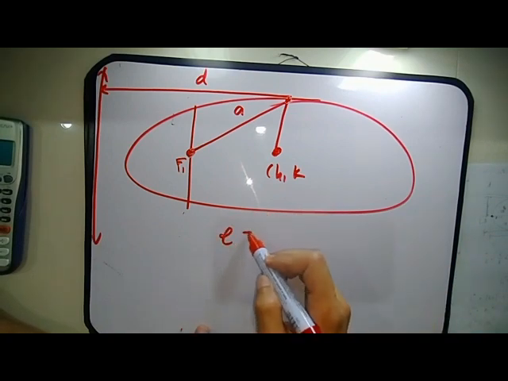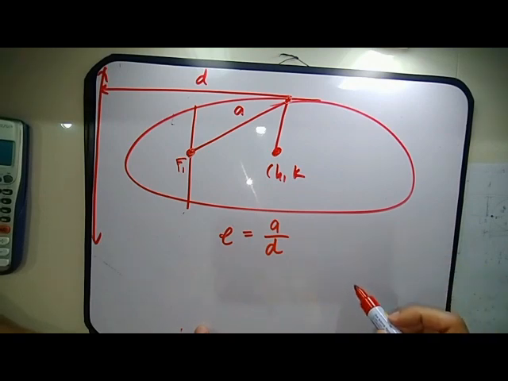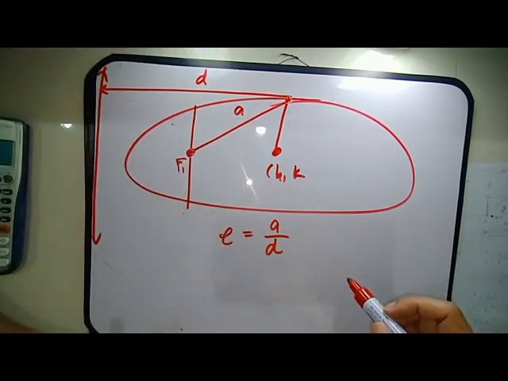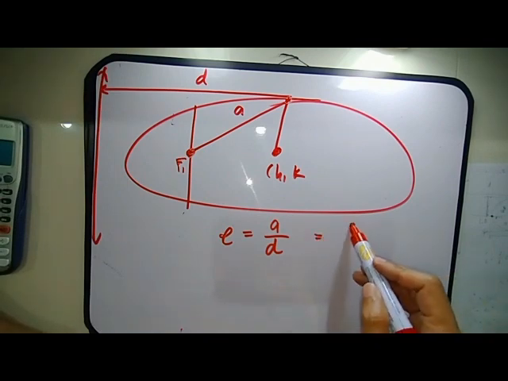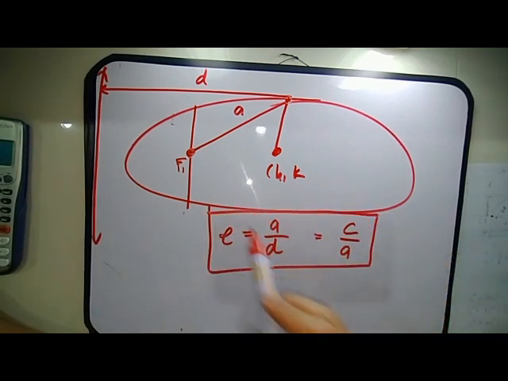And here we have A over D. So, that is our length of the semi-major axis all over D. Or, if F is equal to C, pwede siyang maging C over A. So, yun guys. That is our concept for eccentricity.